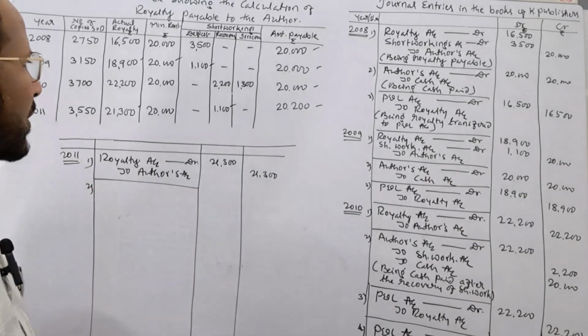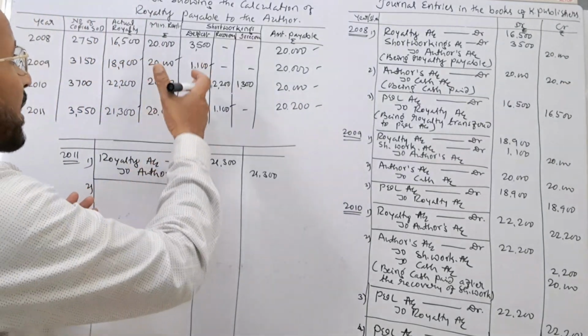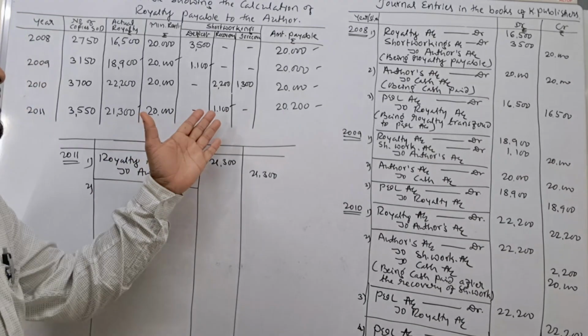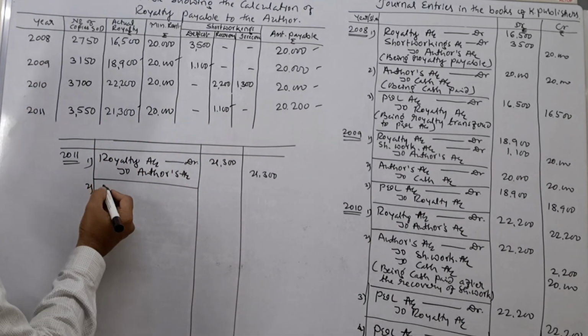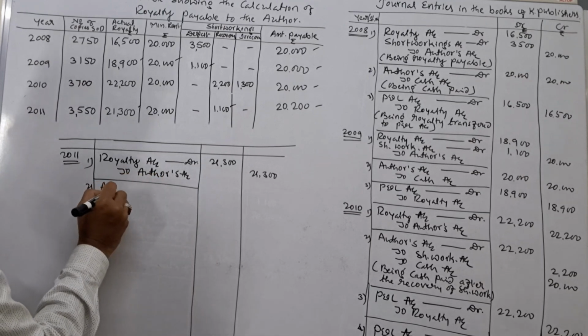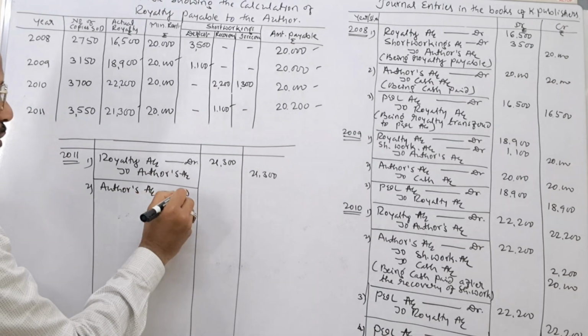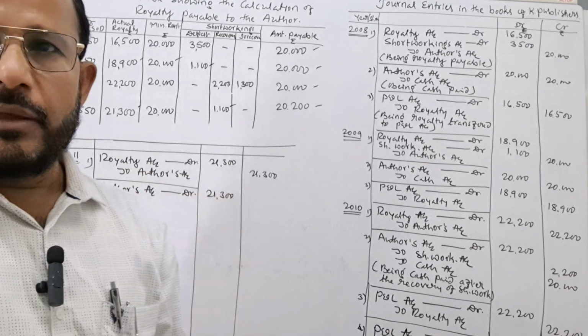Next one is when the payment is made to the author, at that time you check the recovery column. If the amount is there, you need to adjust that here. When the payment is made to the author, author is the receiver of the benefit. Author's account is to be debited. You write rupees 21,300.